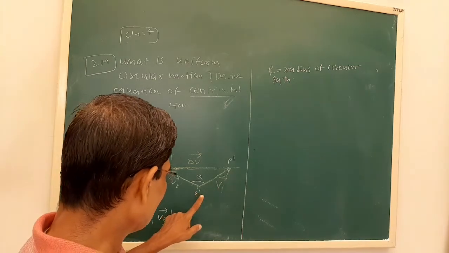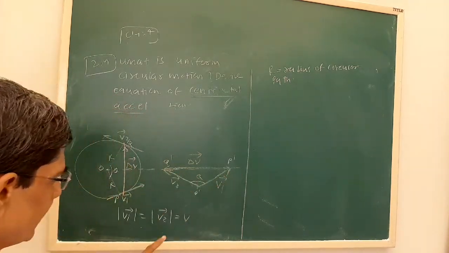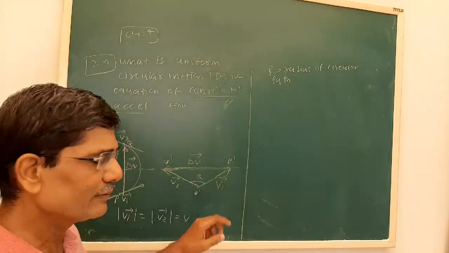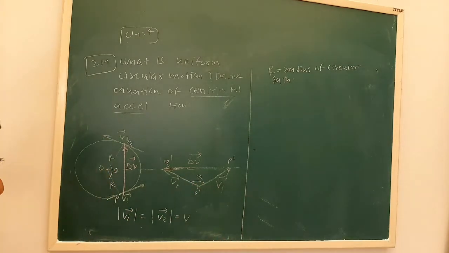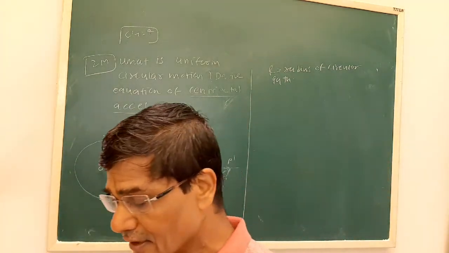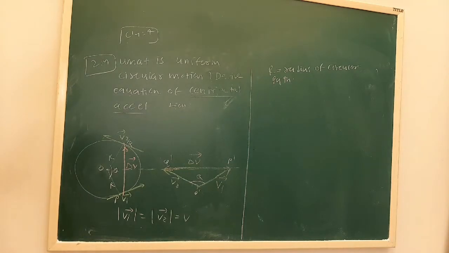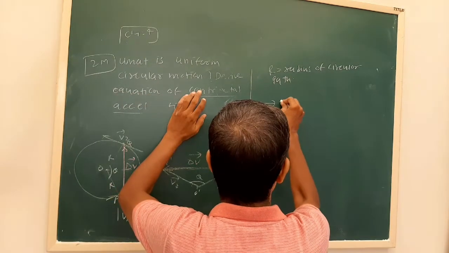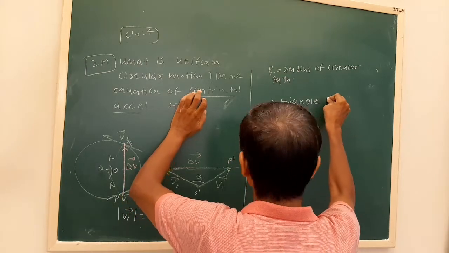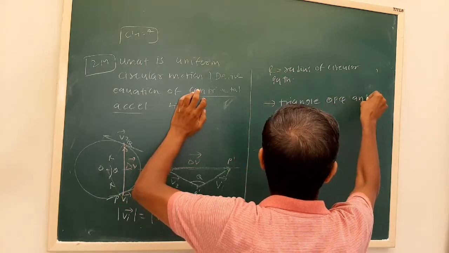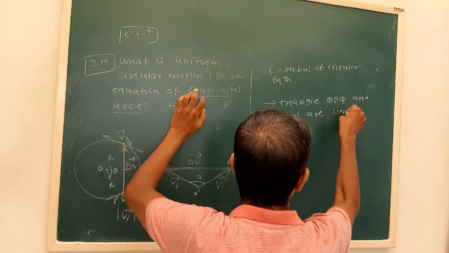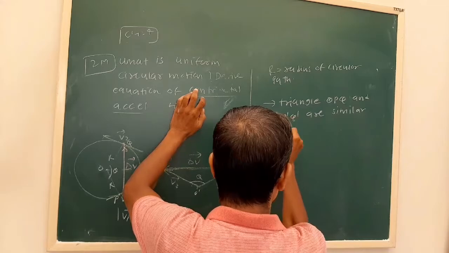Here in triangle O dash, P dash, Q dash, V1 and V2 have the same magnitude, and the angle between V1 and V2 is theta. So here by the SAS condition of similarity, triangles OPQ and O dash, P dash, Q dash are similar triangles.